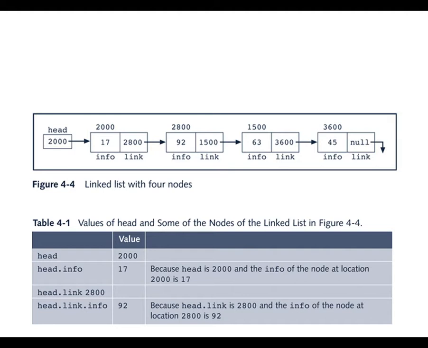Each node has 2 fields, info to store the info or data, and link to store the address of the next node. As you can see, the first node has an address of 2000, the second node has 2800, the third node is at address 1500, and the fourth node is at address 3600, and the head is pointing to the address 2000.